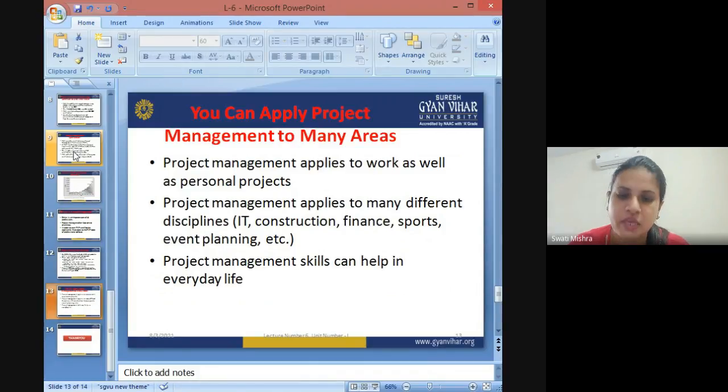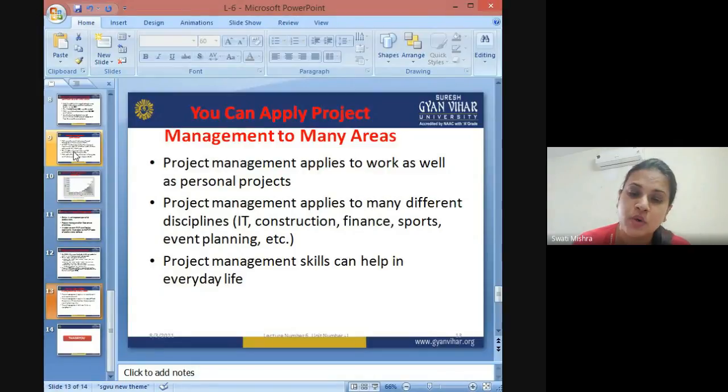So now we come to the next topic of project management, wherein we will be talking about the practical application of project management, especially in different areas.